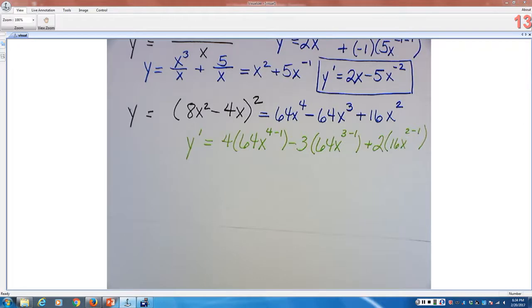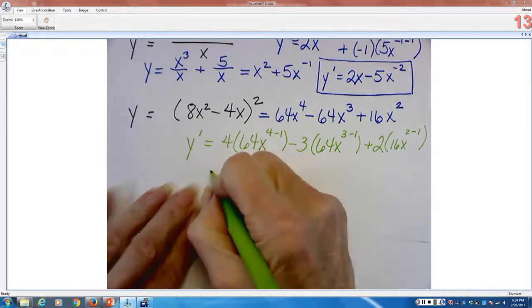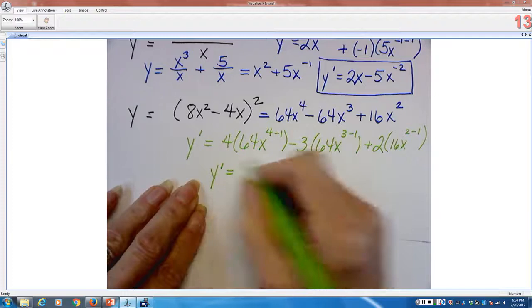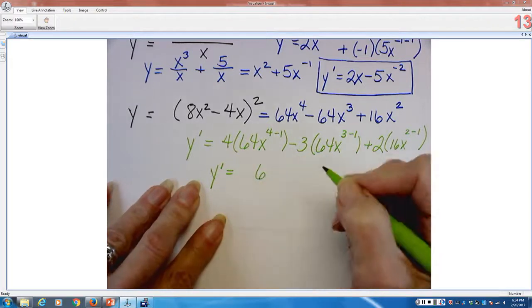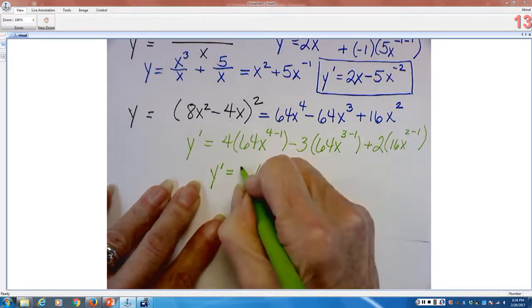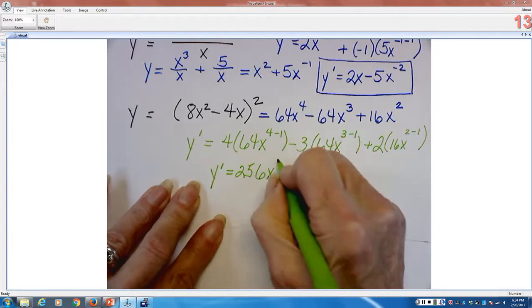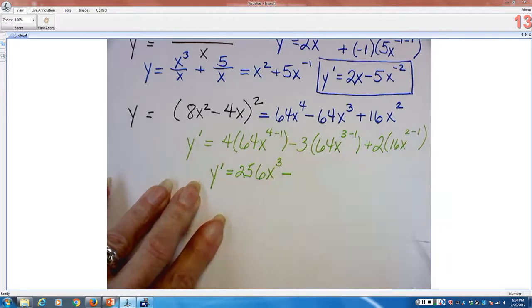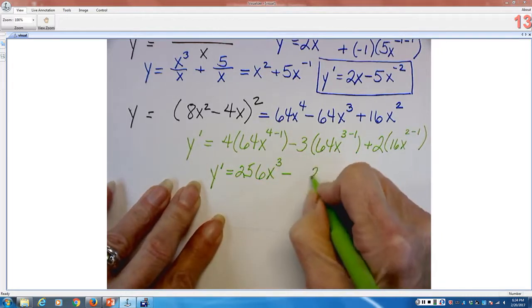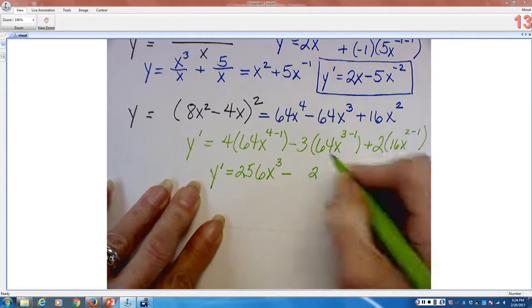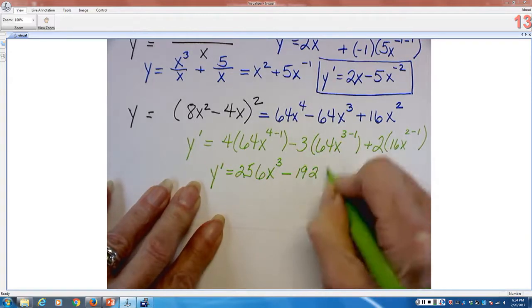And the next step is just do the arithmetic then. So y prime is 4 times 64 is 256. X to the 4 minus 1 is 3. Minus 3 times 64 is 192.